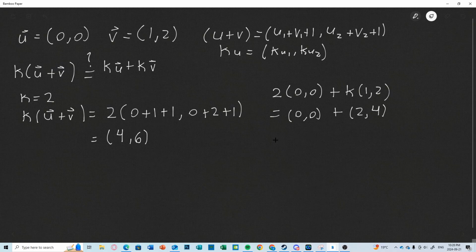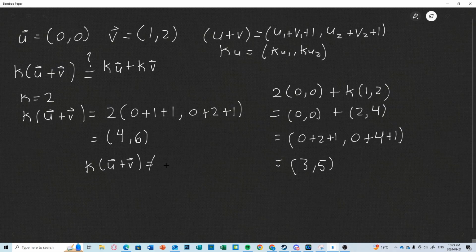And then when we add them together, we'll have 0 plus 2 plus 1, and 0 plus 4 plus 1, which will give us 3 and 5. And 4 and 6 does not equal 3 and 5, meaning that K(U plus V) does not equal KU plus KV, which means that axiom 7 fails. And therefore, U and V is not a vector space with this condition.